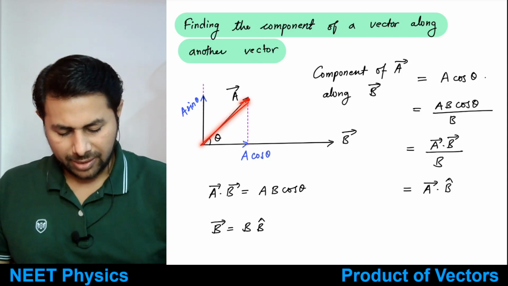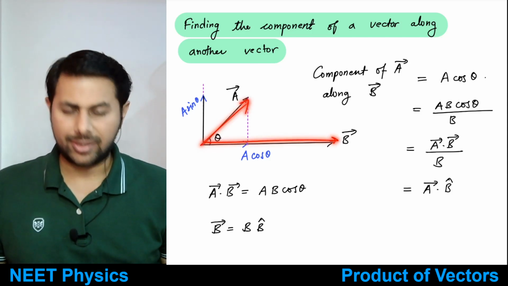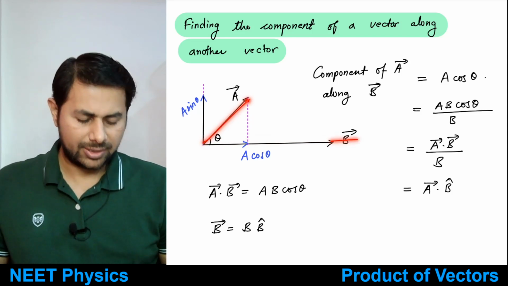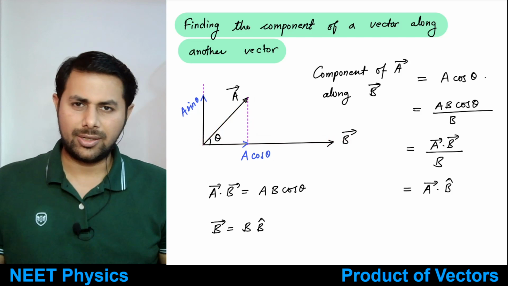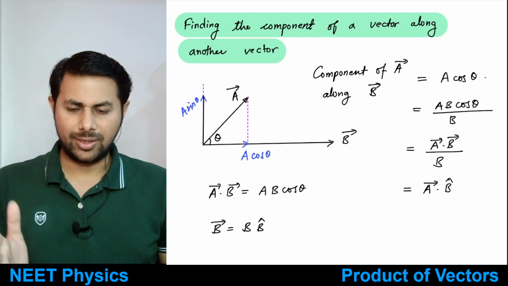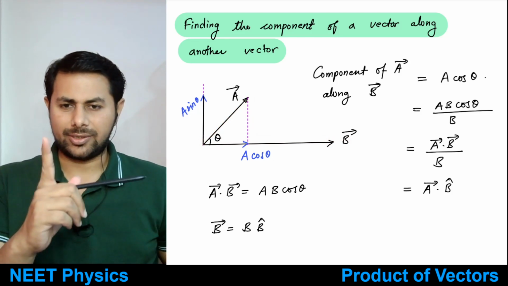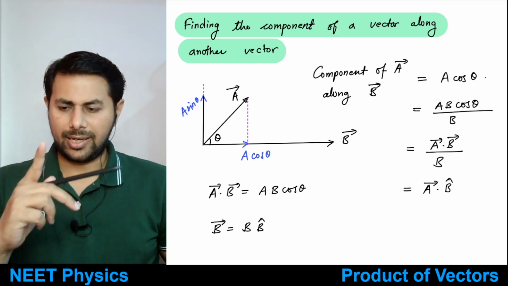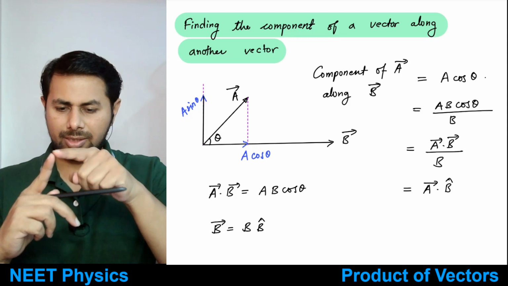Suppose this is a bar and this is b bar. What I can do is say that b bar is directed along x-axis. Suppose these are two vectors and I want to find the component of this one along this one.